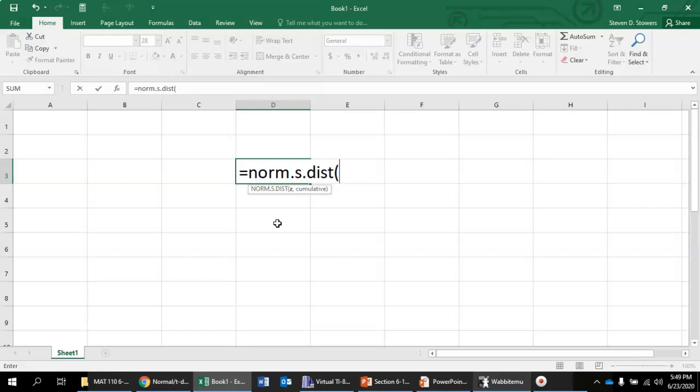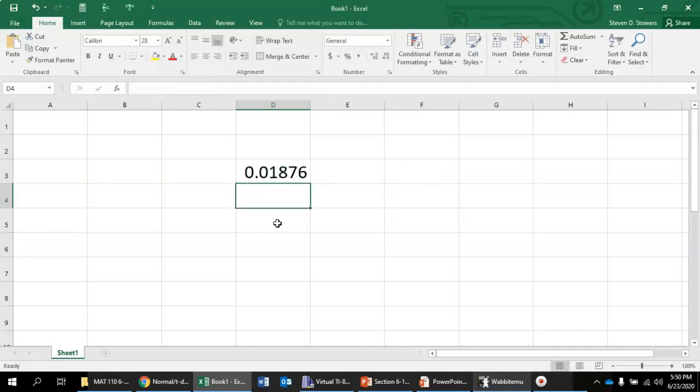In one of the examples we were doing, the z value was negative 2.08. And then put a comma and type the word true. And what it gives you, 0.01876 or about 0.0188, is the probability of z being less than that number.